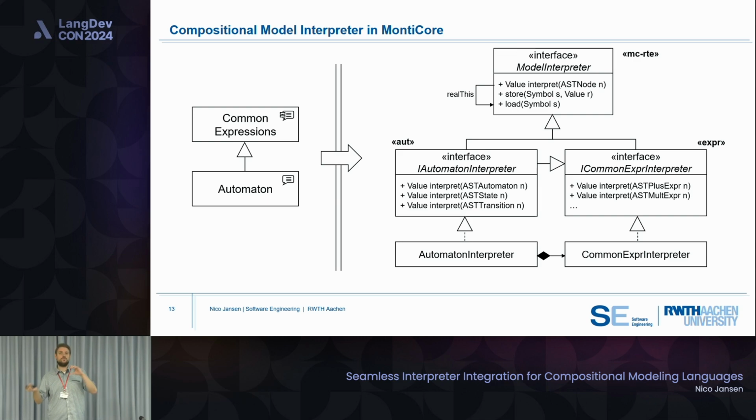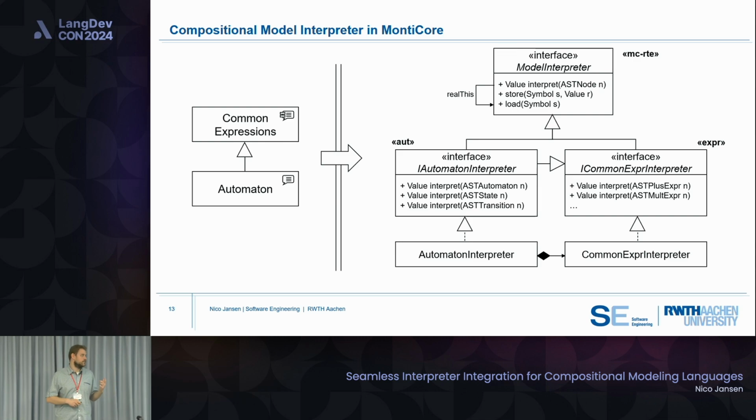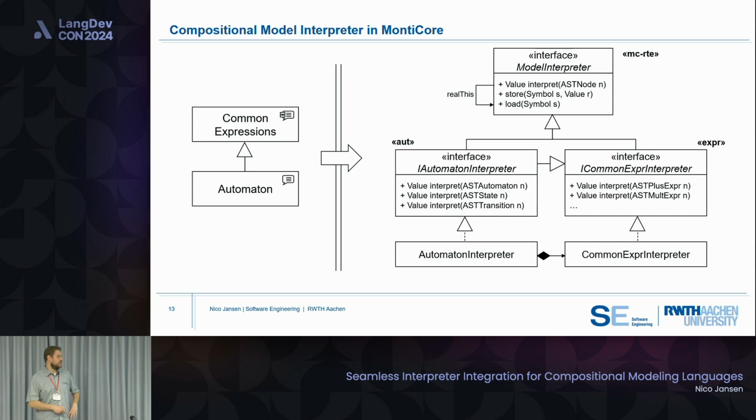And this incorporation is also generated by MontiCore. So what we do is we employ something which is called the real this pattern. Basically, when you have a bunch of composed objects, you just expose them to the exterior world as one object by having one delegating or one orchestration object. In this case, it would be the automaton interpreter, just because it's the base language we are working on. So all the AST is communicating or interacting with this automaton interpreter.